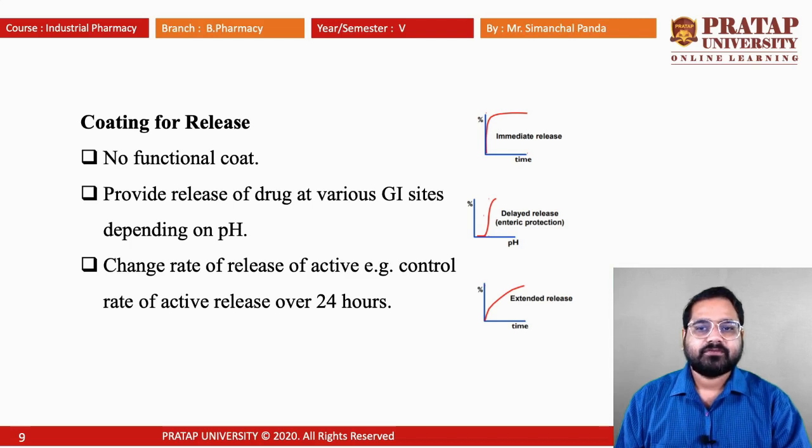But in case of GI site pH dependent drug release coating, we can see that whenever pH along with percentage drug release is taken, the delayed release action of the drug can also be achieved by different enteric coated protection layers. For the extended release, here we can see that time versus percentage of drug release will be calculated and the extended release can be verified here. We can see the diagram here.